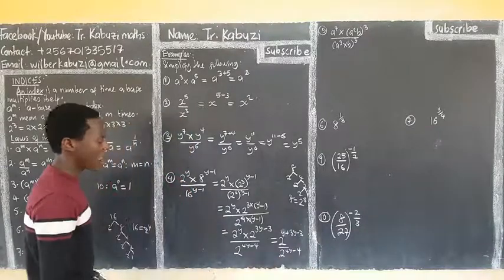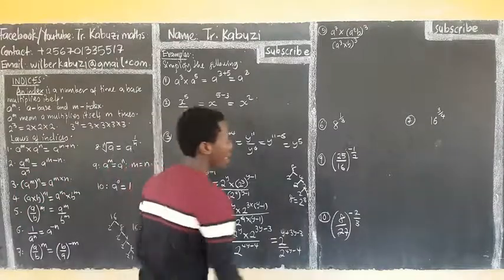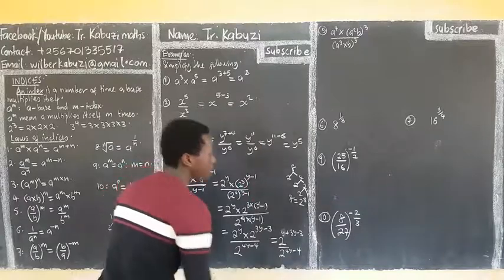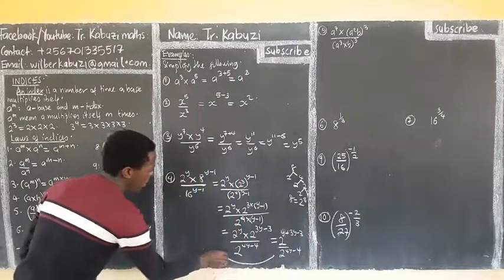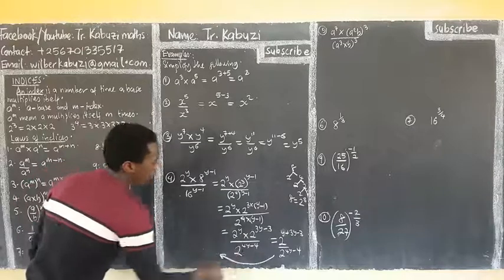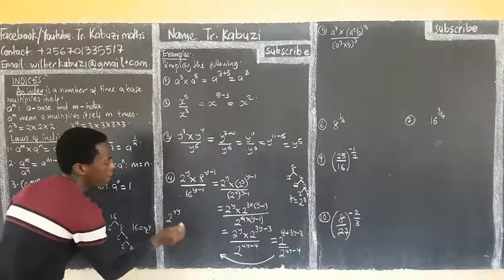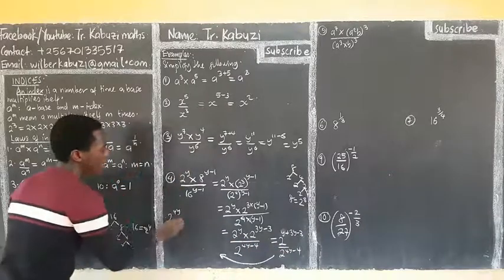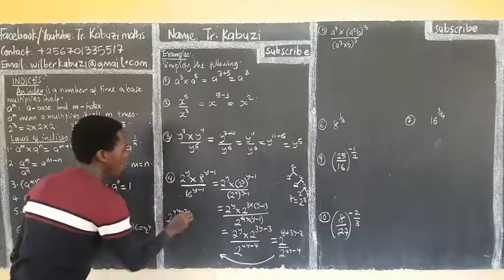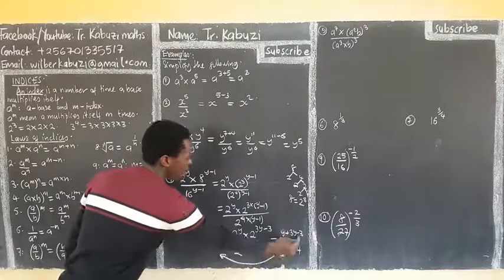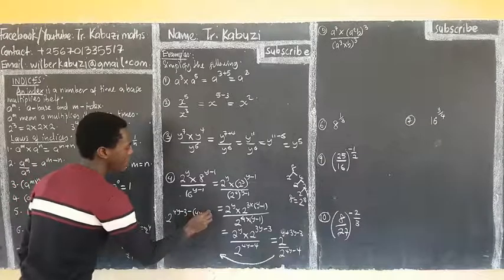So space is running out. What can I do? Okay, let me borrow this space here. So here, allow me to come this side here. So there I'll be having now 2 power 4y when I add this to this, then minus 3. Then I subtract this thing down, minus, because I'm dividing, I subtract 4y minus 4.